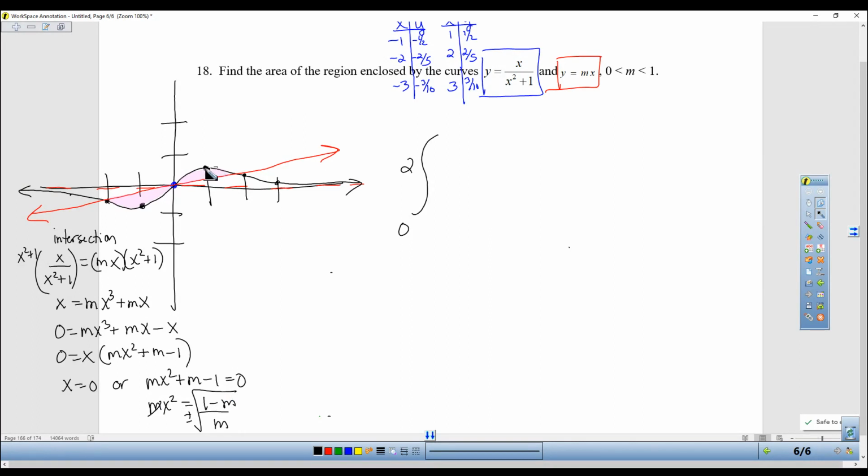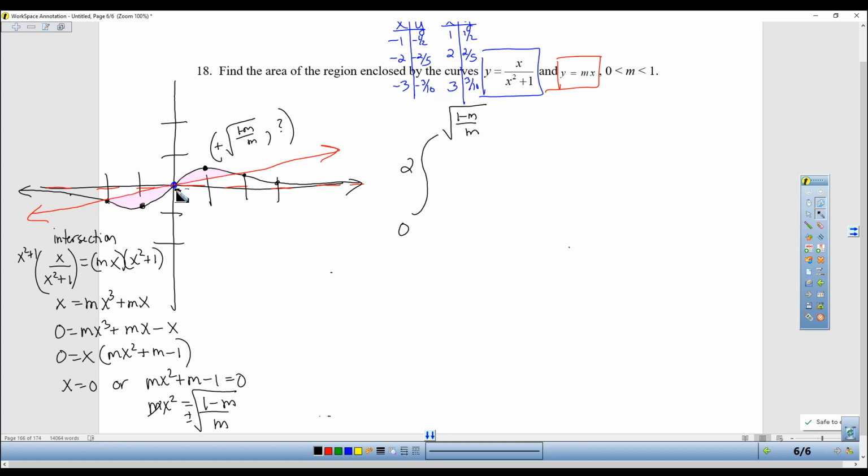So that's what this x value must be, plus the square root of 1 minus m over m, which also explains why m is less than 1. Otherwise, you would have a negative underneath the radical. Comma, who cares? It doesn't even matter what the y-coordinate is. You just need to be able to get from 0 to that really exciting value.